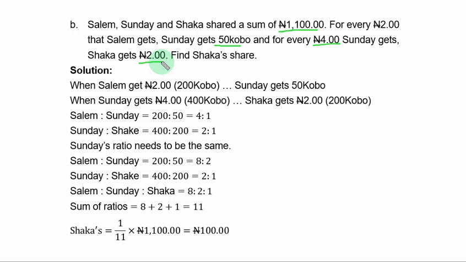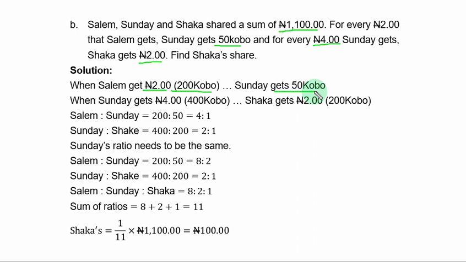Now, in this type of problem, one thing you must seek to do is to ensure that the units of measurement are the same. Not the amount they share now, the amount they get among themselves. When Salem gets 2 naira, which is equivalent to 200 kobo, Sunday gets 50 kobo.